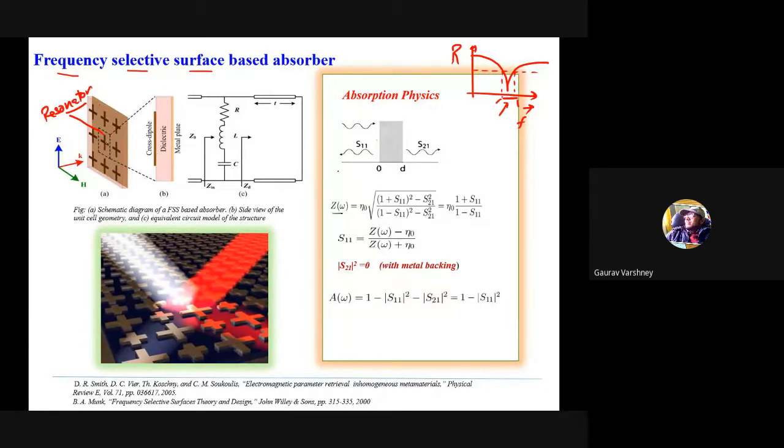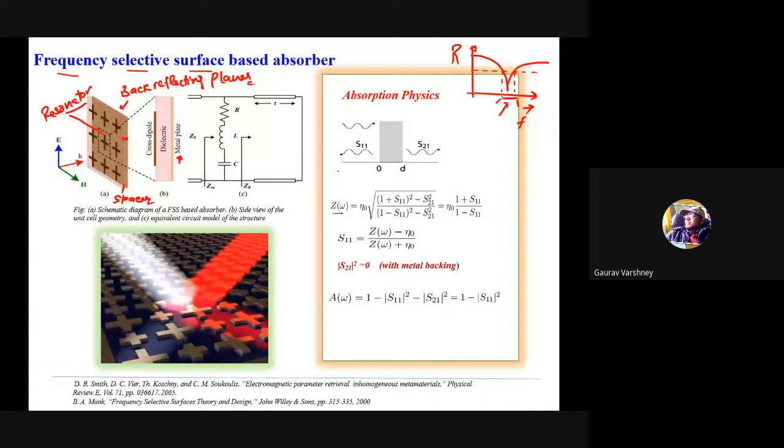In between, there is one thing called the spacer, which is most probably made up of dielectric material, and the back side is the back reflecting plane. Back reflecting planes are basically made up of metallic materials with high conductivity, and those can be utilized as a reflector for the incident electromagnetic wave.